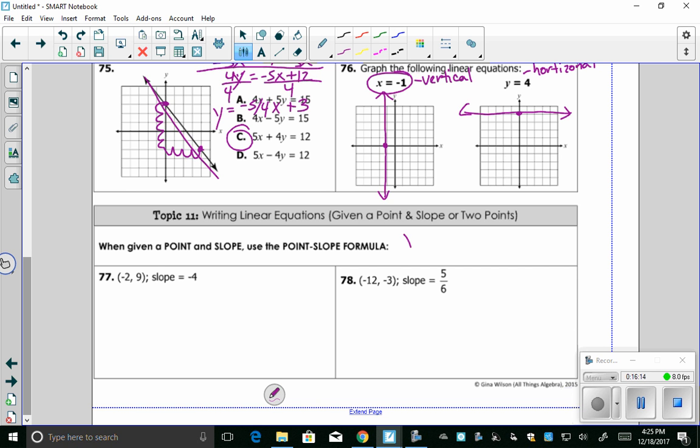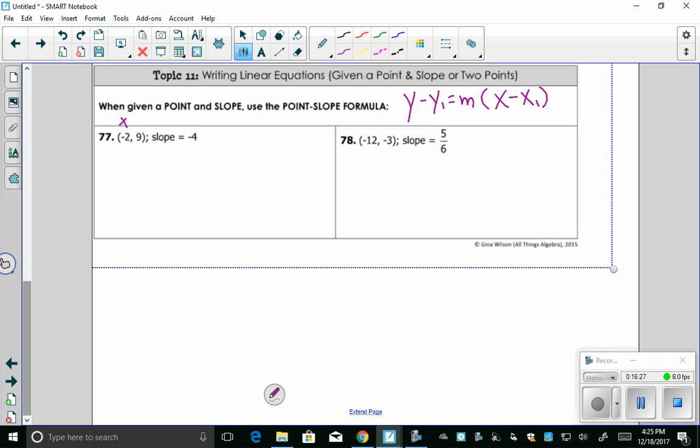The point-slope formula is y minus y1 equals m times x minus x1, where for problem 77, you have x1, y1, and my slope. So I'm going to do y minus 9 equals -4 parentheses x minus -2.